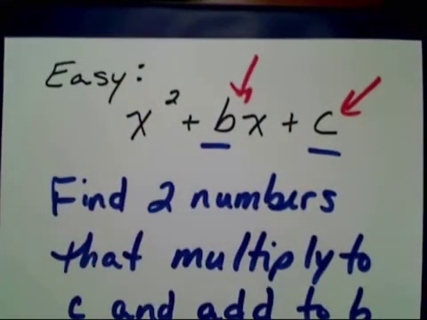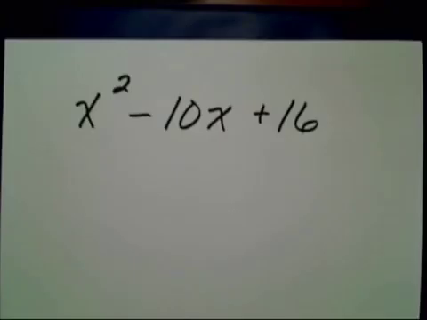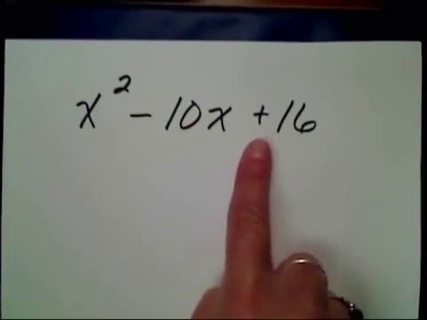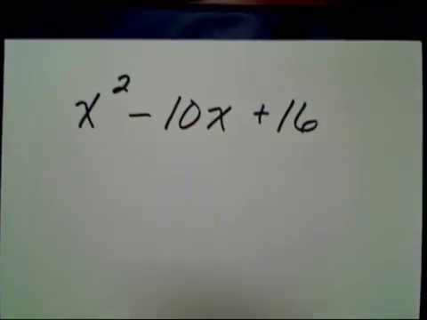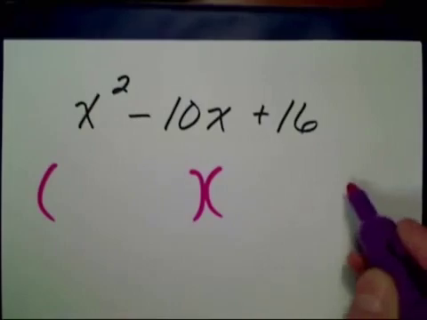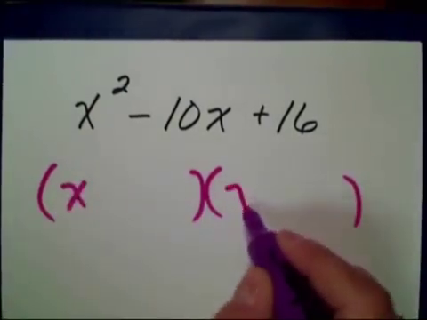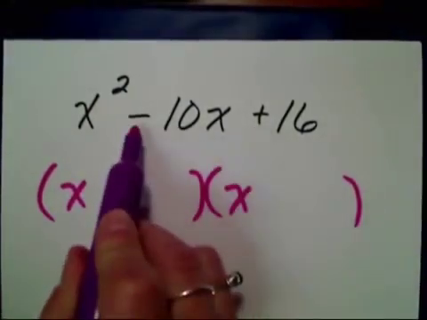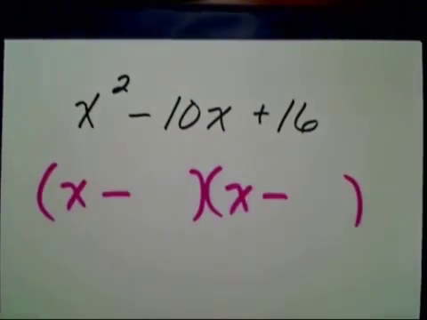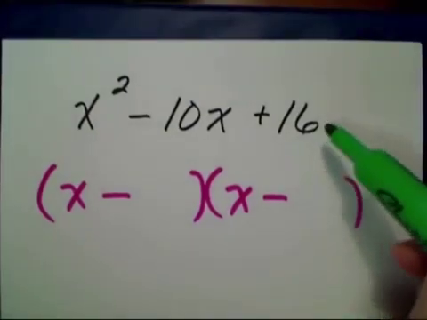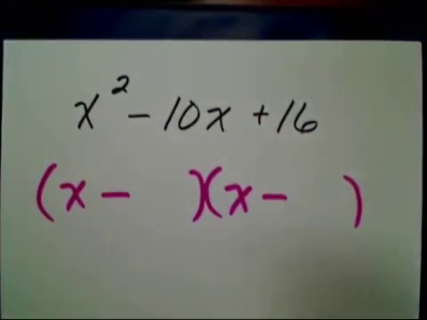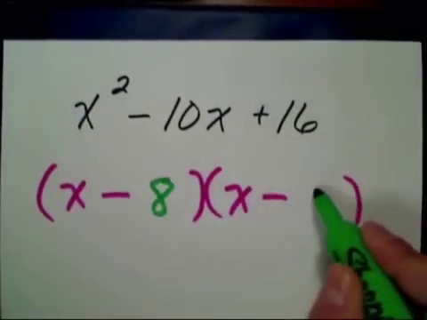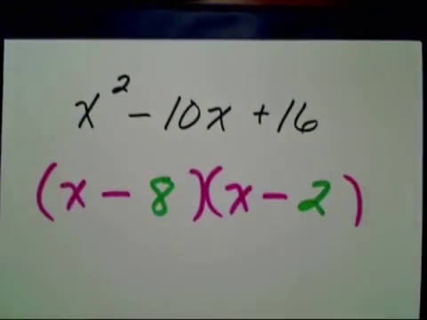Let me say that one more time. If c, the constant at the end, is positive, then both signs in your parentheses will follow b. If b is negative, in this case they're both negative. Then you're always looking for two numbers that multiply to 16 and add to 10. 16 is 8 times 2, and 8 plus 2 is 10.